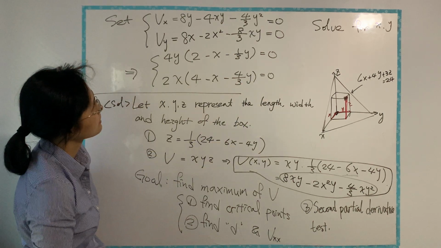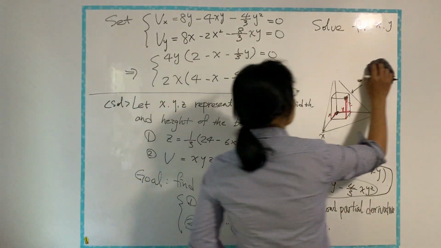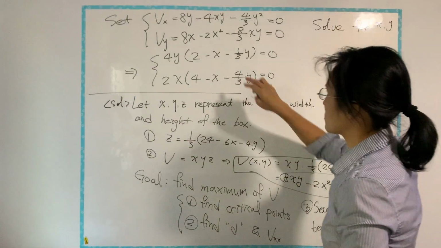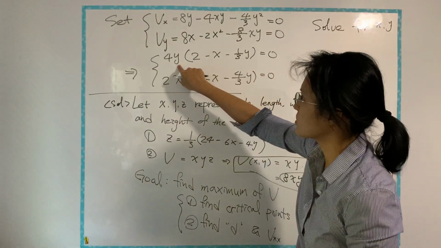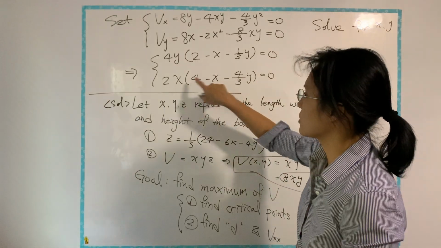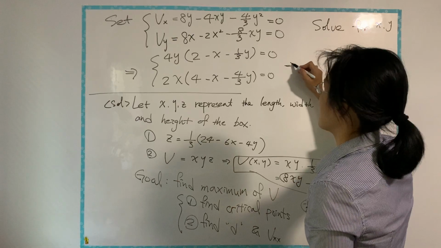Now I can see that to solve this equation, it's either x equals 0 or this whole thing equals 0. So let me write it down.